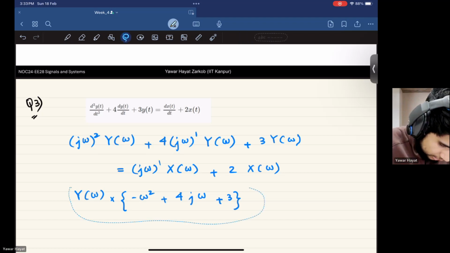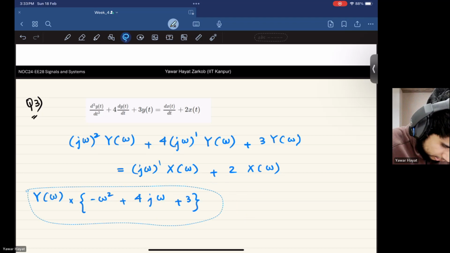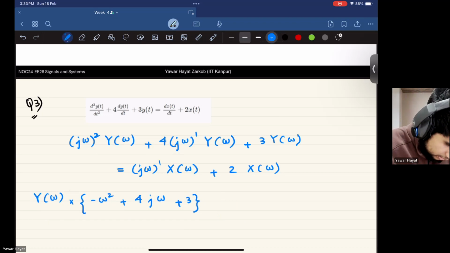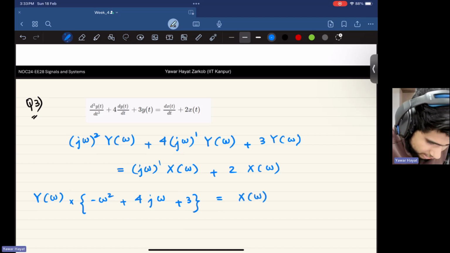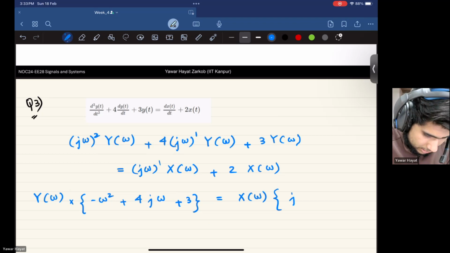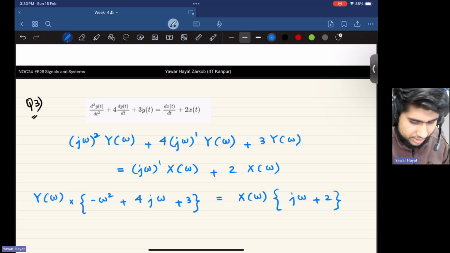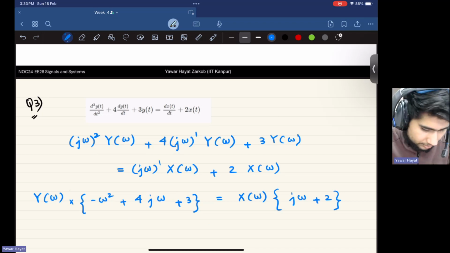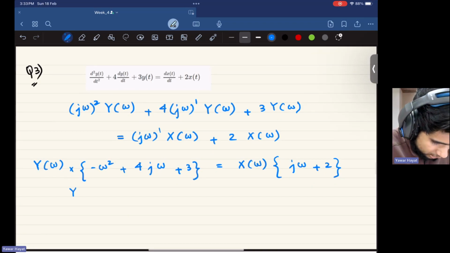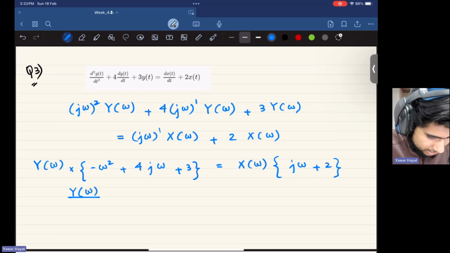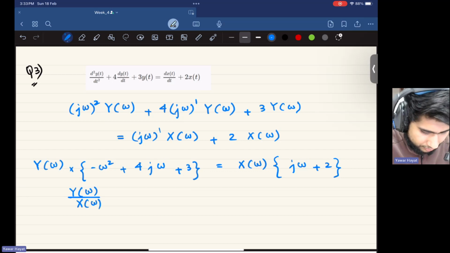Now that is X of omega, comma, that is j omega plus 2, right? Now what is Y of omega by X of omega?